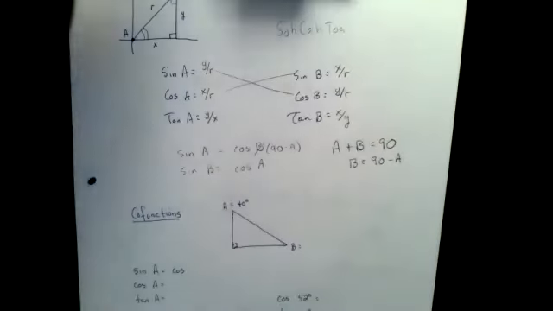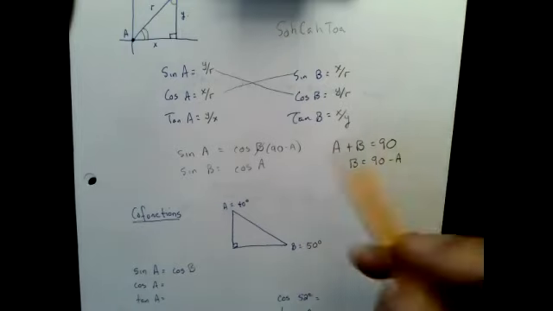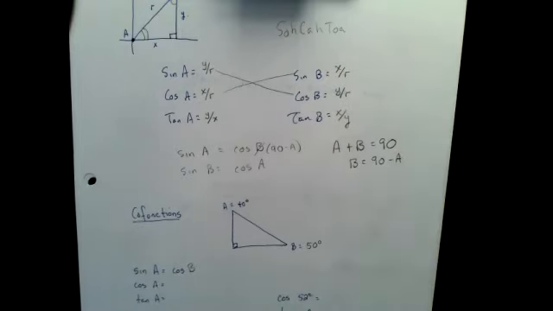All right, so if I take a look at this next one, I know that the sine of A equals the cosine of B. That's what we just talked about up above. These guys are called cofunctions. This is 40 degrees. What does B have to be? 50 degrees, right? Simple concepts up here, we're putting them into play.